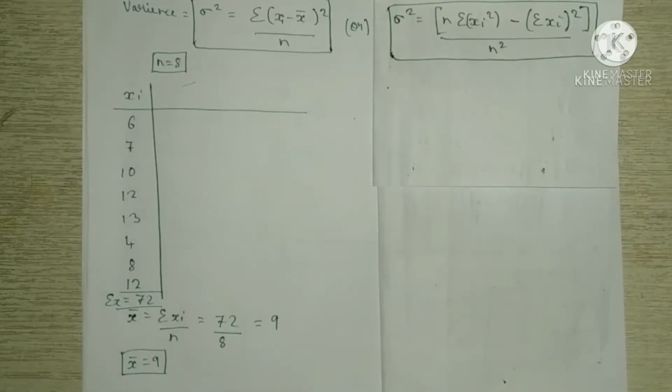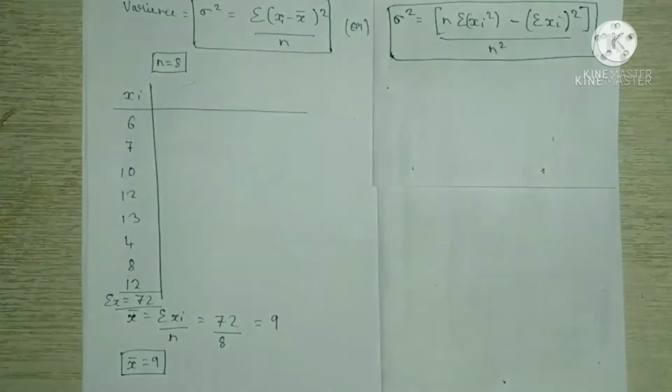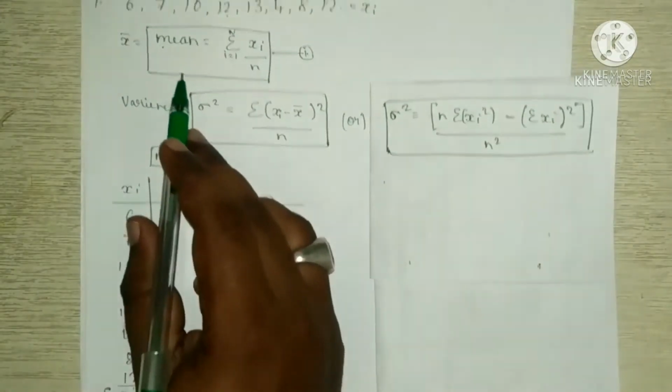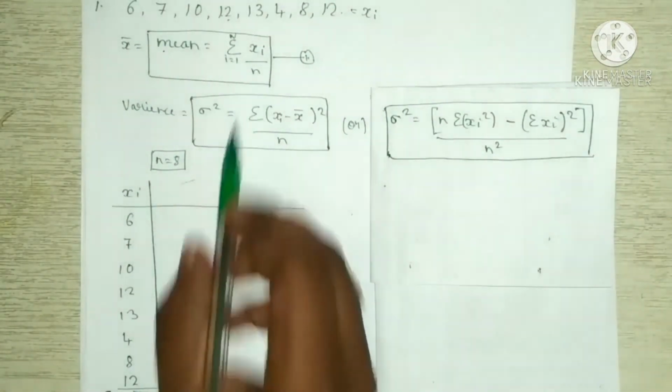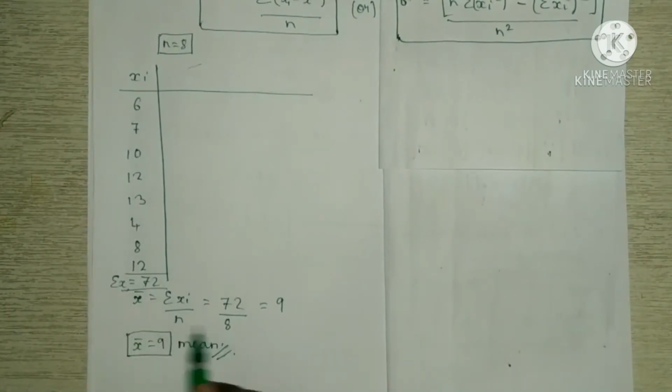Now x bar is nothing but the mean. Mean is equal to 9. The mean formula is summation x by n. Summation of x is equal to 72, n is 8. You got mean is equal to 9.